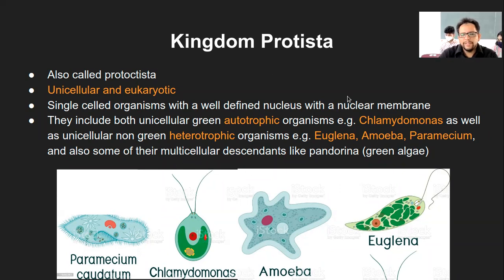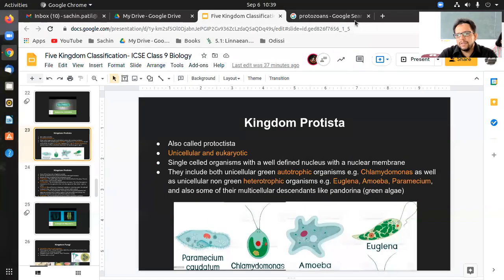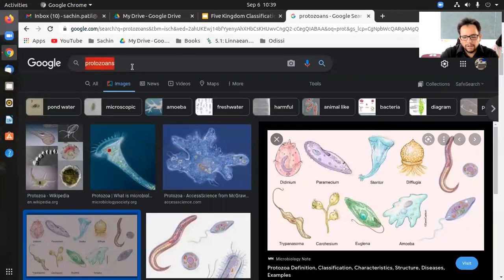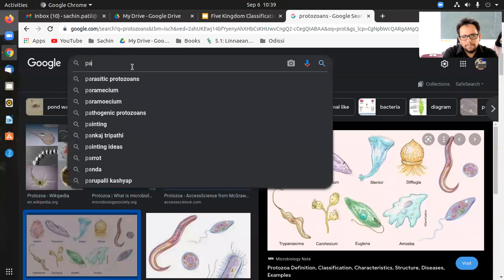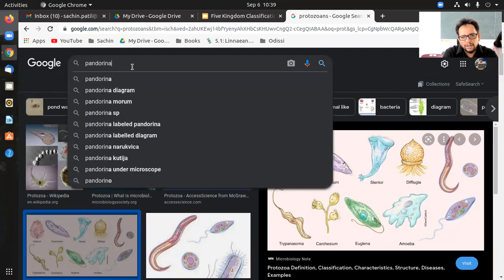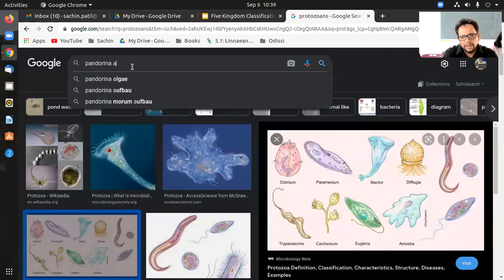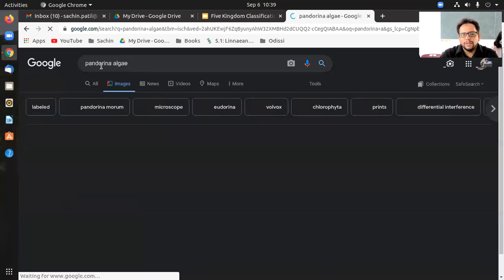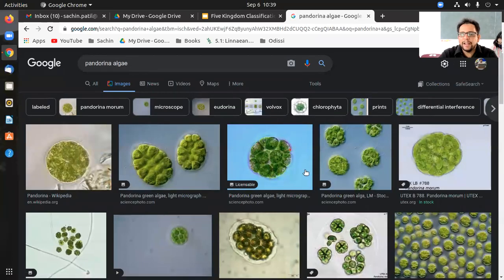So from this kingdom Protista, they will have certain descendants like Pandorina, which is a green algae. These algae have been derived from the Protista category. So that is what it means.